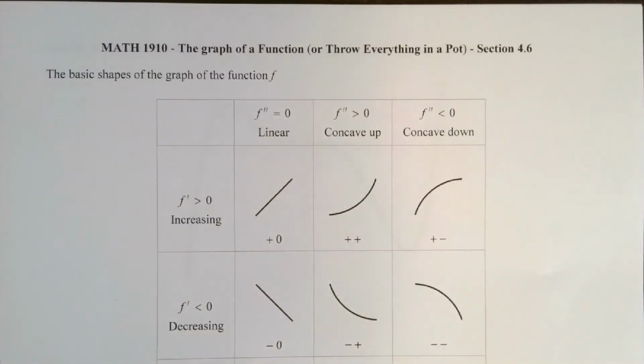All right, so in the past couple of lectures, we've been talking about how the first and the second derivative can tell us about basically the shape of the graph of a function. And so now we're just going to put all those things together as I entitled it, throw everything in a pot.